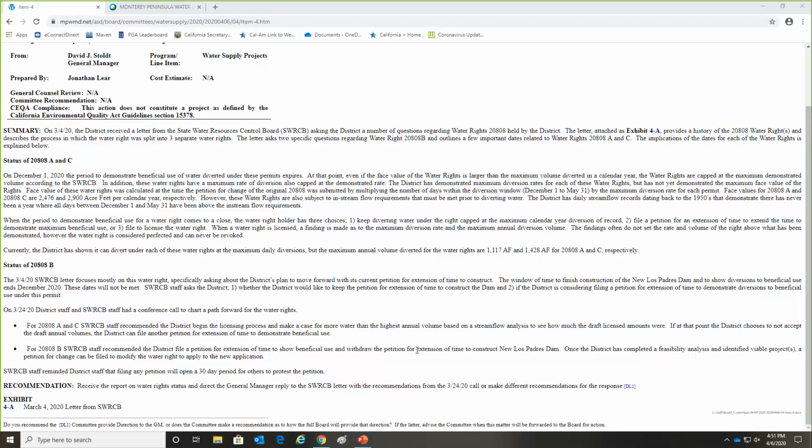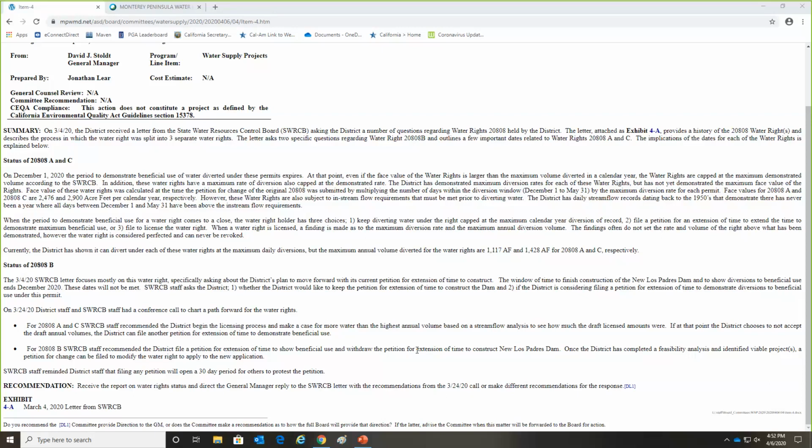And because the annual yield we get is driven by the flows and the climate, we would make the case that we can't show full, face value use of this water right until we have an extremely wet year. So we would hope that State Water Resources Control Board staff would be able to make a finding for higher than the annual amount that we've been able to do under each of these permits. And if they can, we can move forward with licensing.